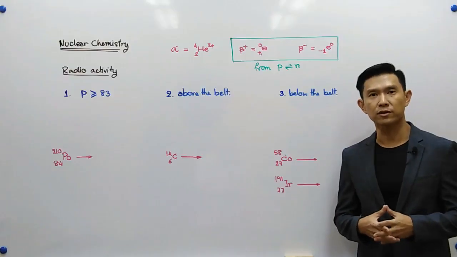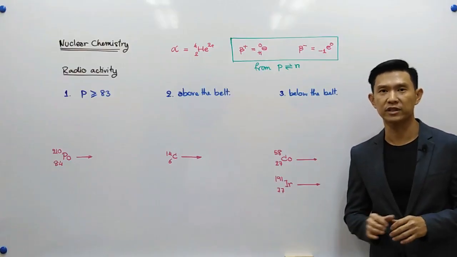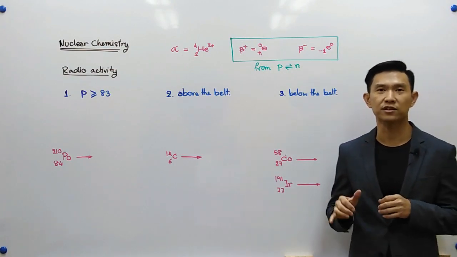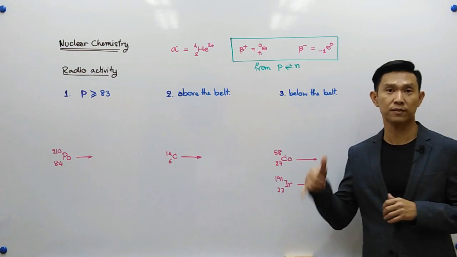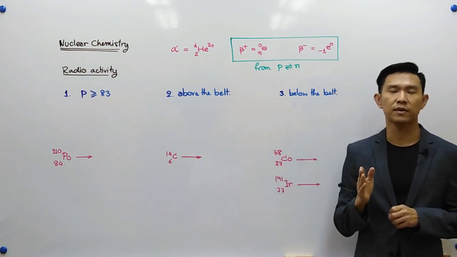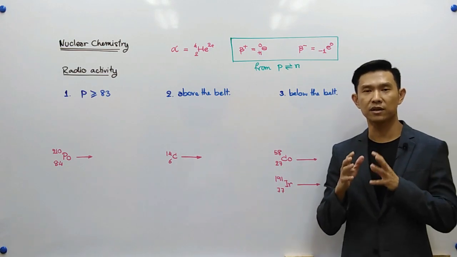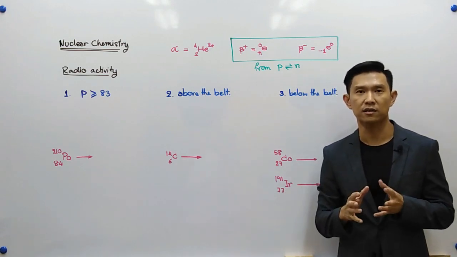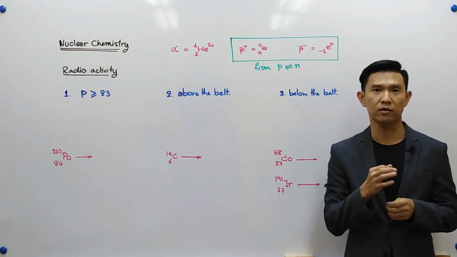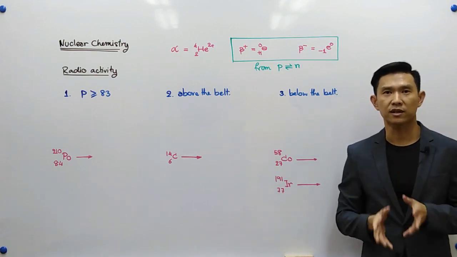From the belt of stability that I've already shown you, there's just a limited number of isotopes that are stable and stay on the belt. The belt of stability ends at number 82. So if you have any element with more than 82 protons, there's nothing stable.